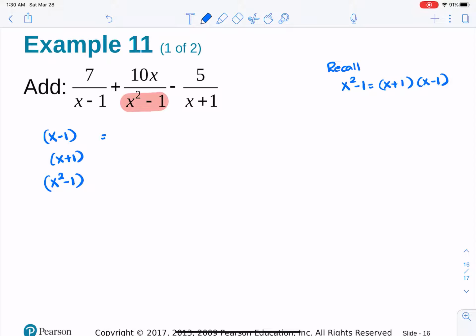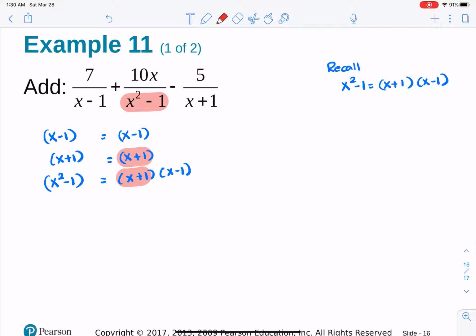So, the first denominator is as is. The second denominator is x plus 1 times x minus 1. And the third one is x plus 1. So, we have x plus 1 in common among all three.